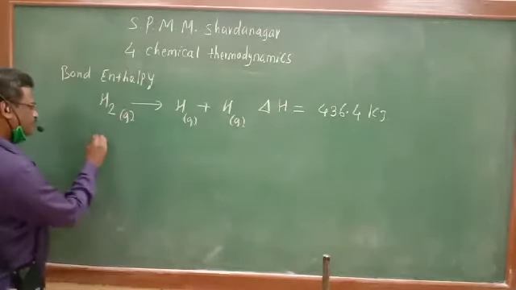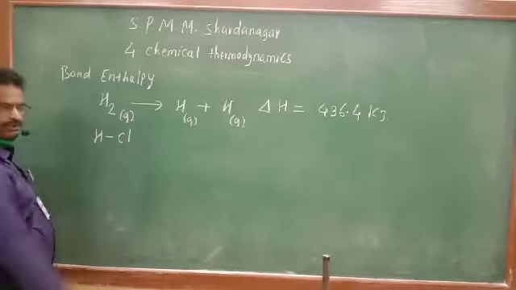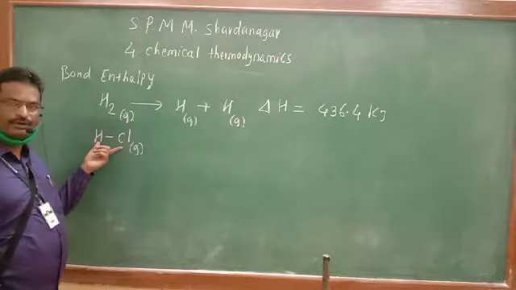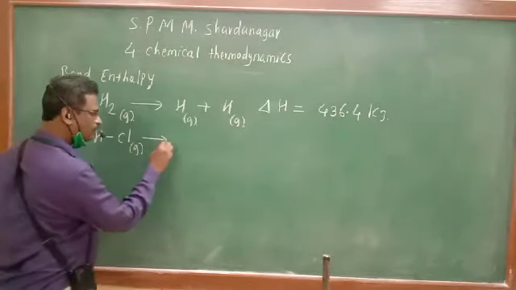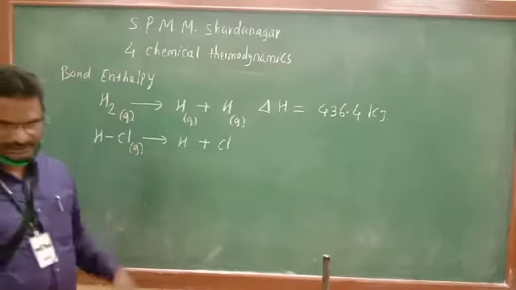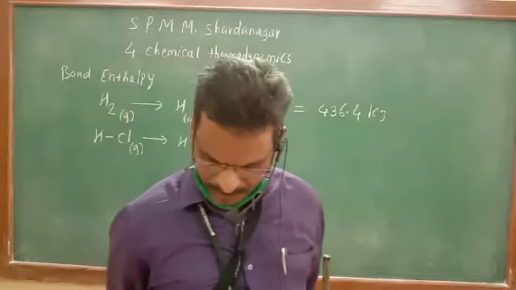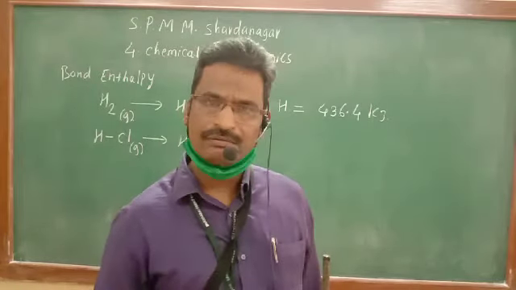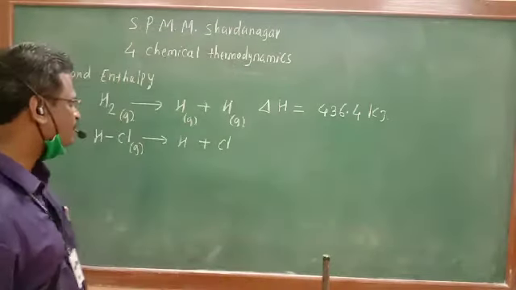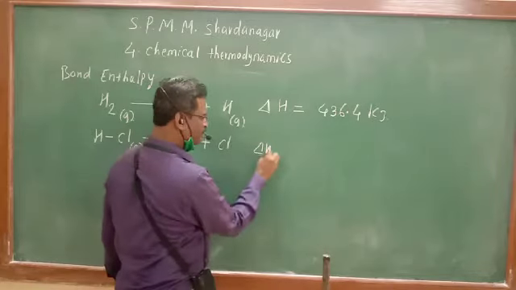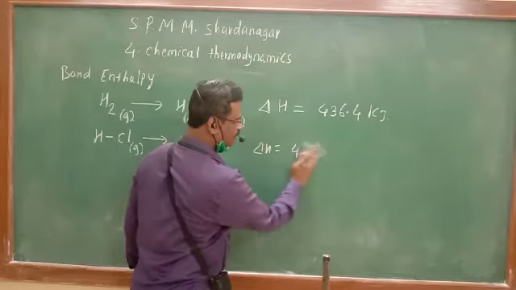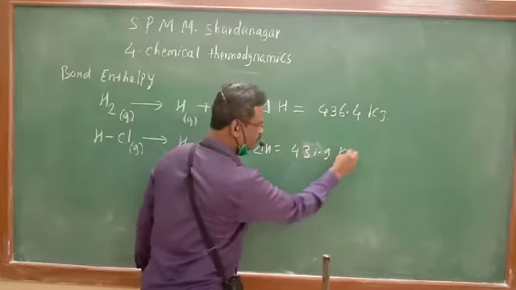Let us consider one more example. HCl, hydrogen chloride gas. There is a covalent bond between hydrogen and chlorine. This bond is broken, converted to hydrogen and chlorine. There also energy is absorbed, heat is absorbed, and delta H is equal to 431.9 kilojoule.